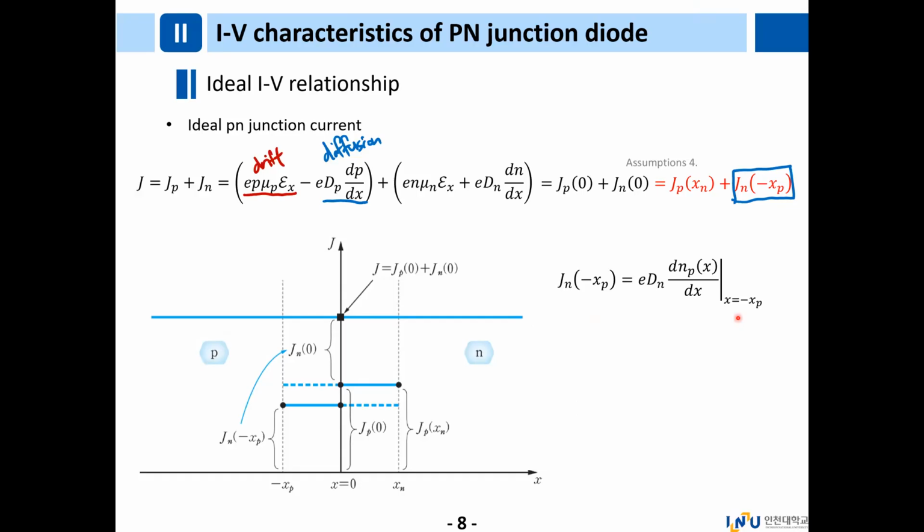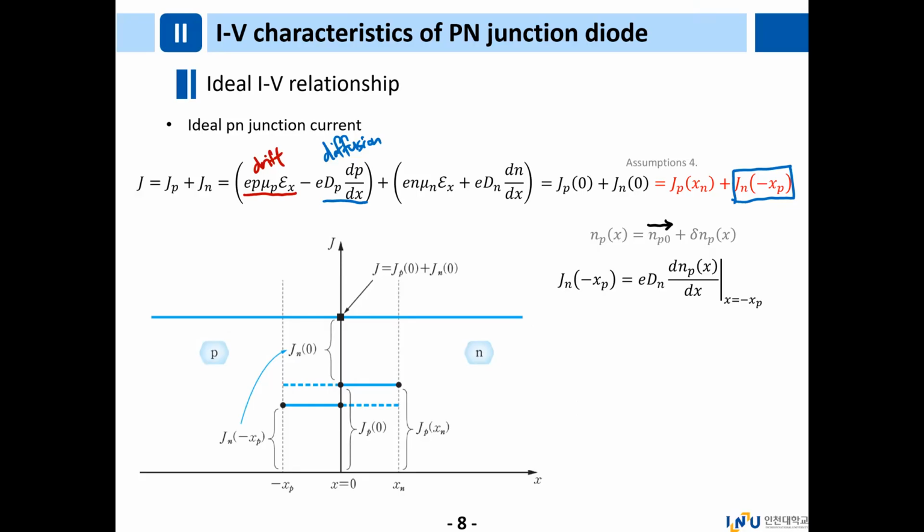Here, the constant value npx is obtained by adding the excess carrier to np0. And since constant doping is assumed, the concentration np0 has a constant value.